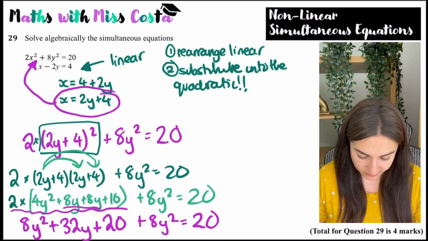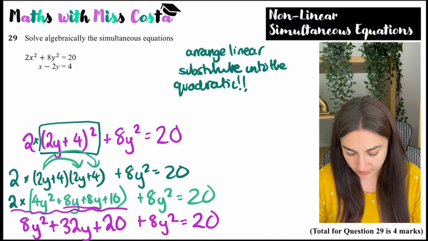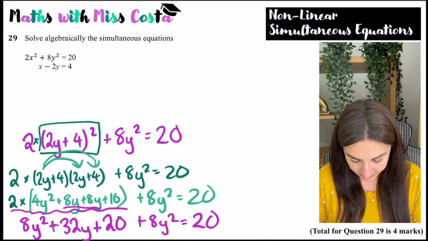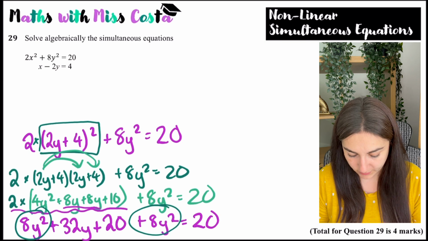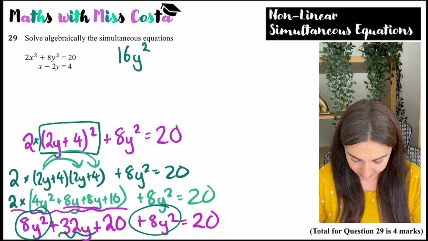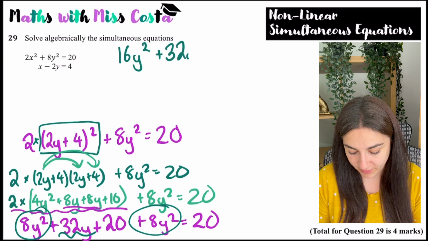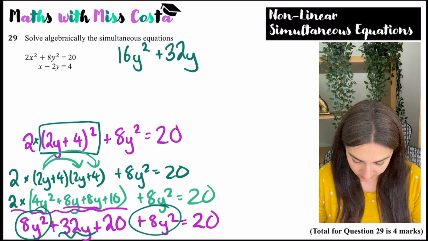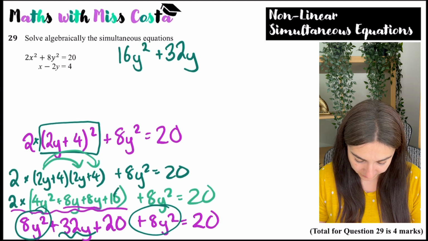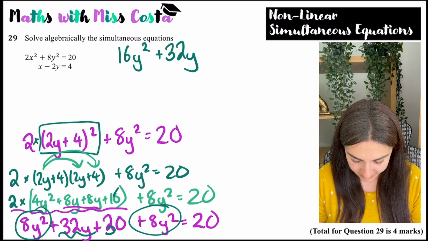We're going to need a little bit more space here. So now I can simplify. 8y squared plus 8y squared equals 16y squared. 32y doesn't have anything to simplify with. And then 20 minus 20, oh, that's 16, not 20, that's why.